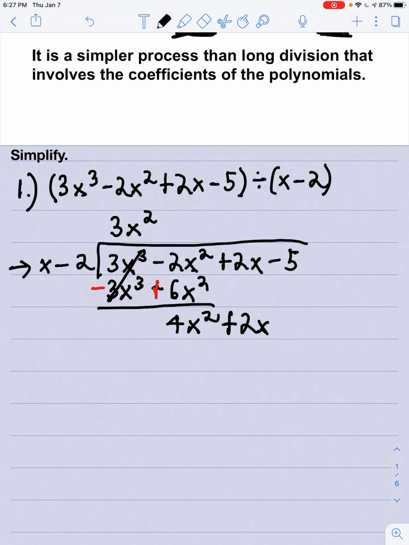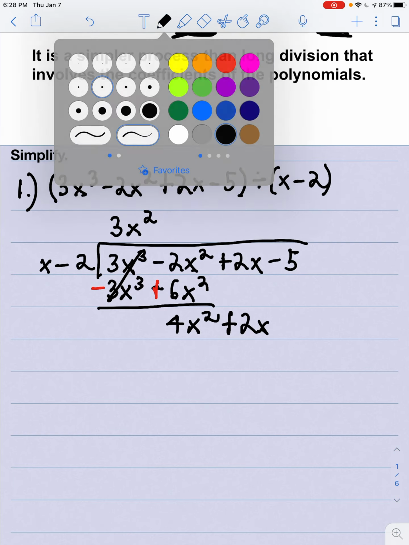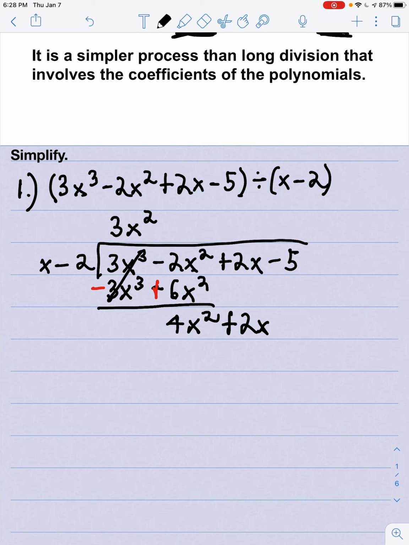Now we're going to repeat the process, and we're going to look and say, how many times does x go into 4x squared, what we just had here? So x times a positive 4x would give us 4x squared.